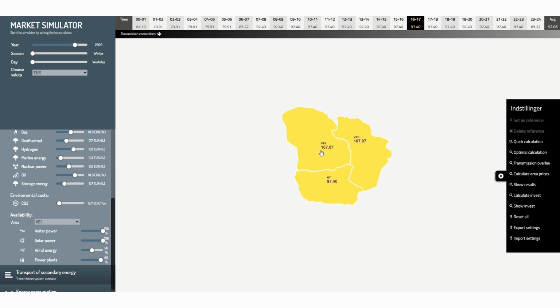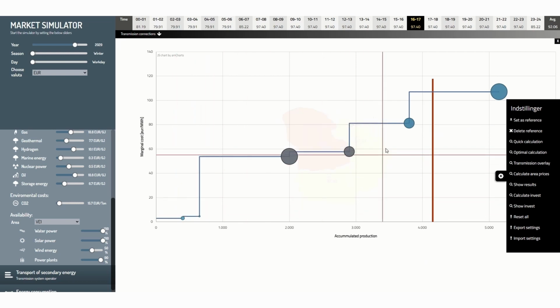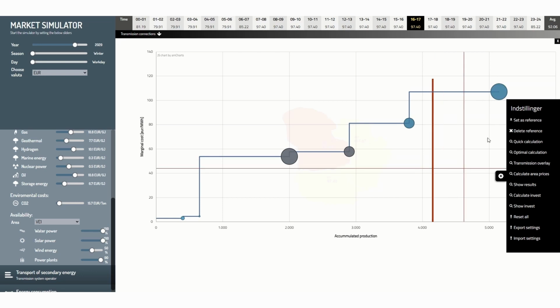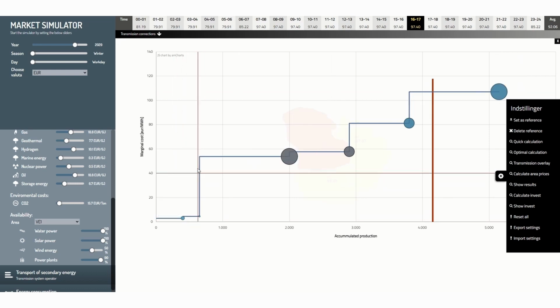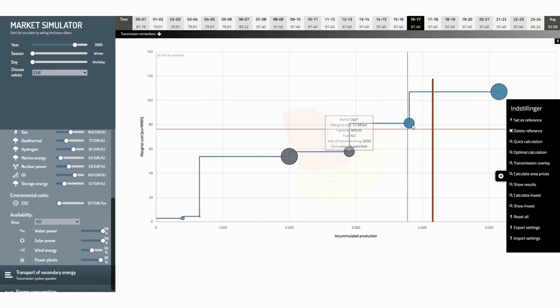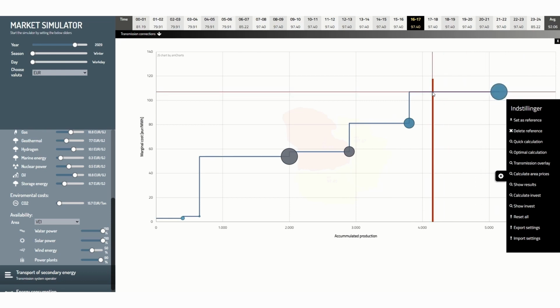When we look at the supply and demand curve in Ventimoler 1, we have a very high demand here. This unit here is the marginal unit. All these units will be operating. This unit will only be operating part loaded, because the production here will go from here to here.